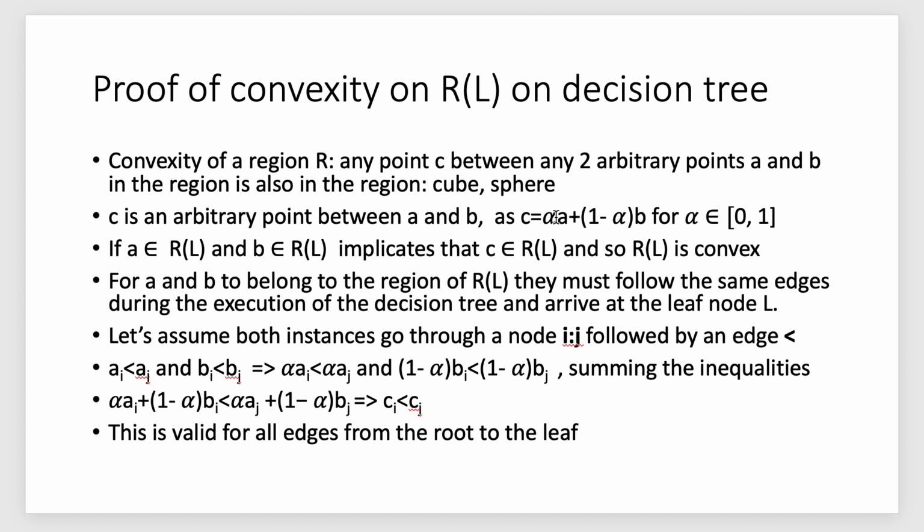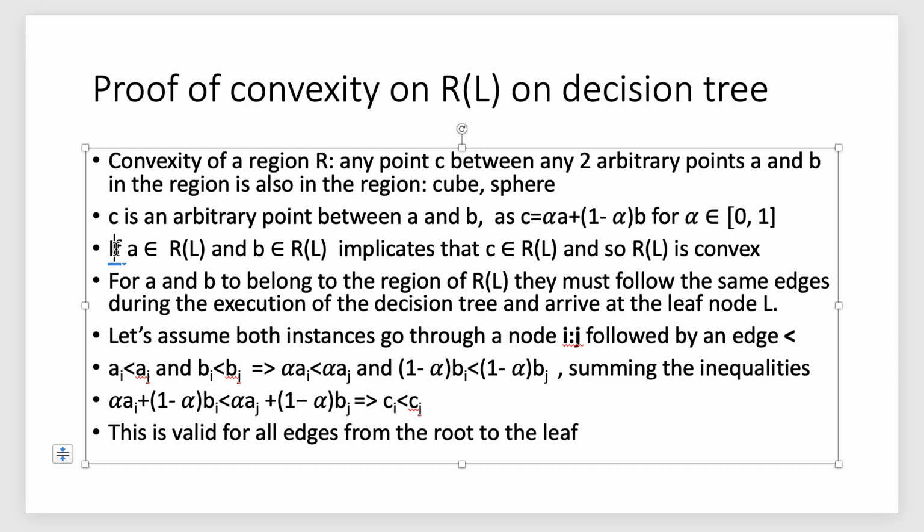So C, in fact, is a point between the points A and B. Let's say that A belongs to the region of the instances that arrive at the leaf L, and B also is in the same region of the instances that go to the leaf L. This implies that C belongs to the region, and so the region is convex.